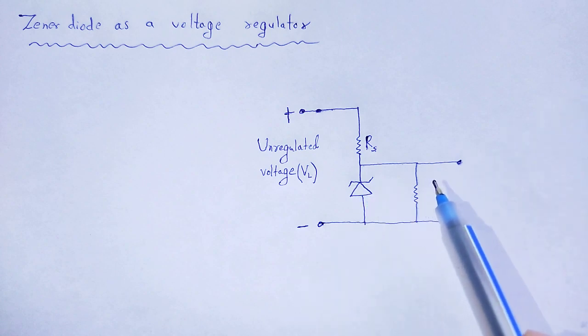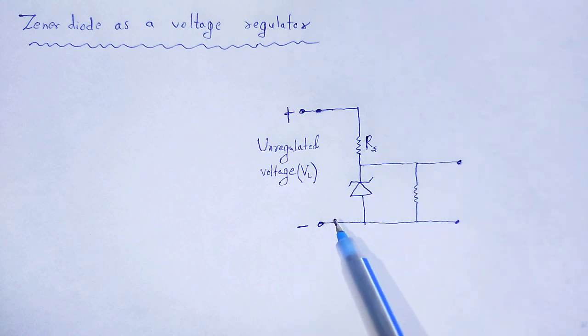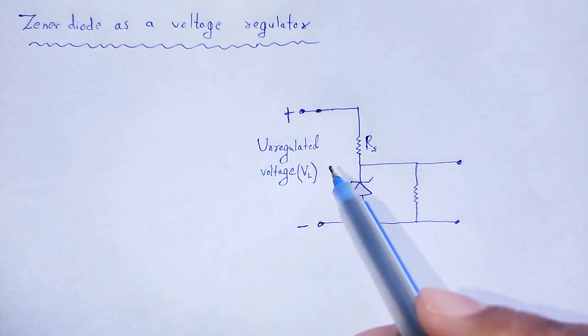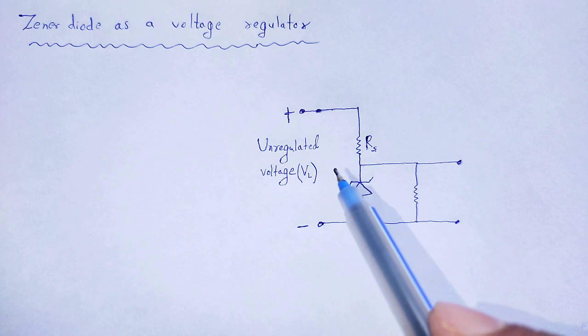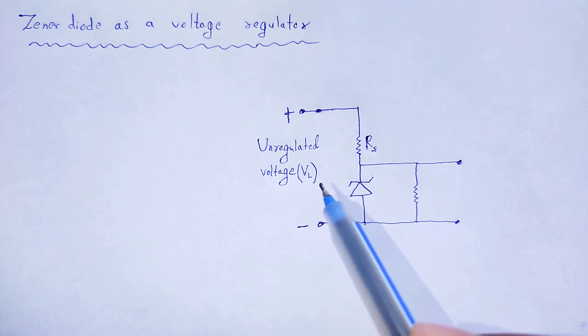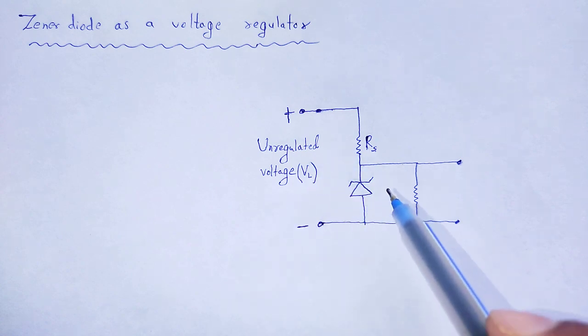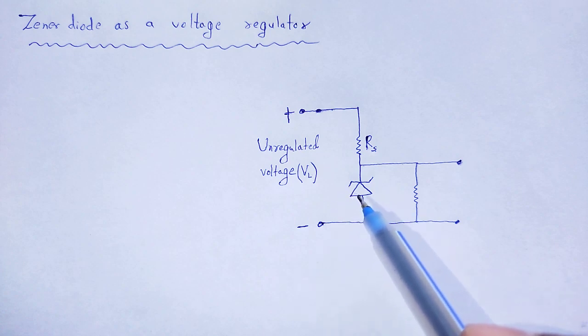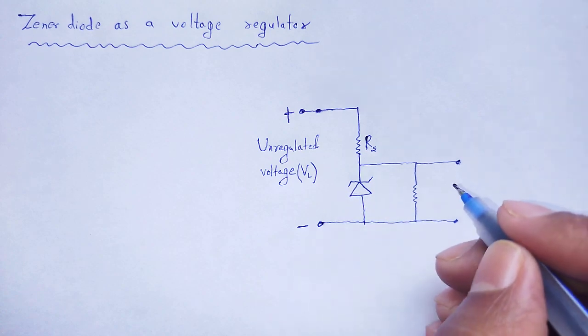So, it has two situations. One is either the input voltage increases or the input voltage decreases. Then we show how that Zener diode acts as a voltage regulator.